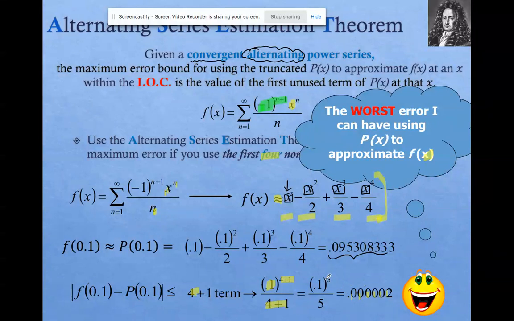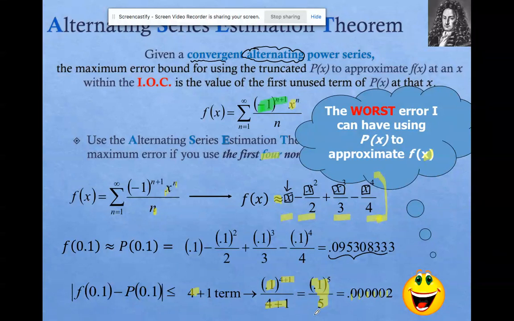So the magnitude of the next term is the biggest error you could possibly have in using the truncated polynomial. Love ASET. Much better than Lagrange, right?